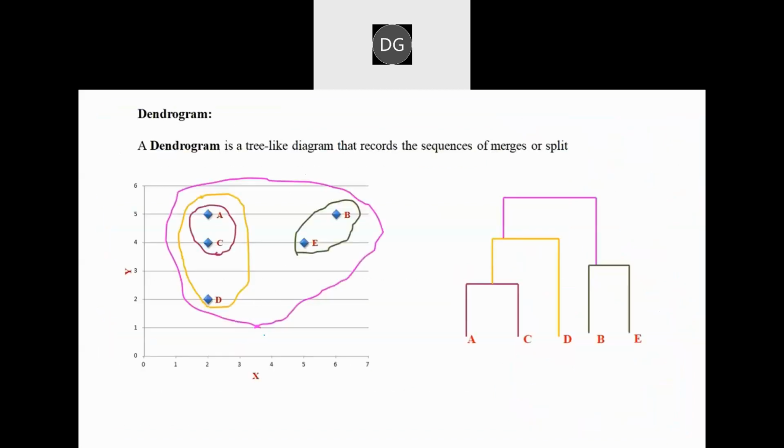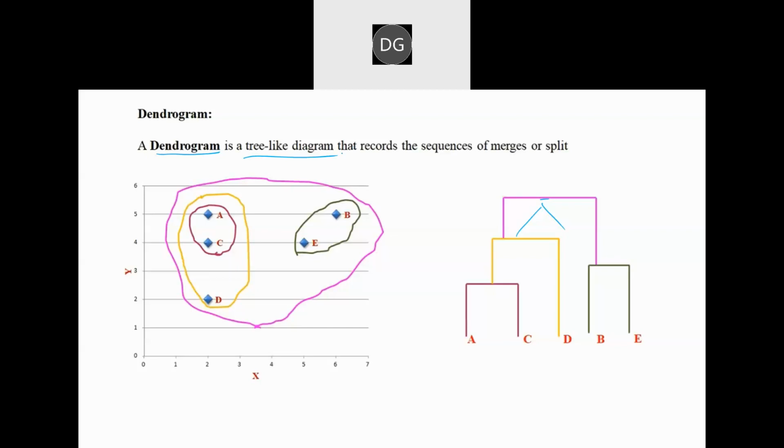This diagram we are seeing, where one point is there and from that two branches are created, we call a dendrogram structure. It is a tree-like diagram that records the sequence of mergers or splits.